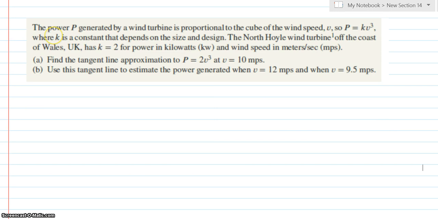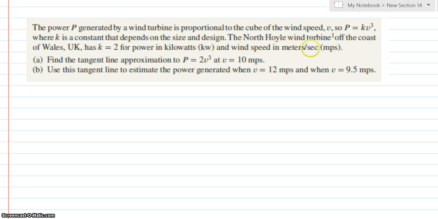So let's look at an application. You can actually predict future values. This is really useful if you don't even know the function, but this is when we're given the function. The power generated by a wind turbine is proportional to the cube of the wind speed, so P equals k times v cubed, where k is a constant that depends on size and design.